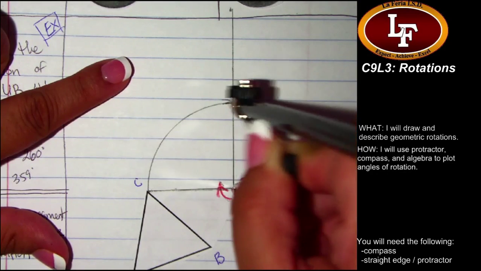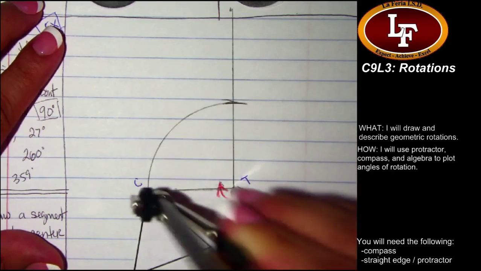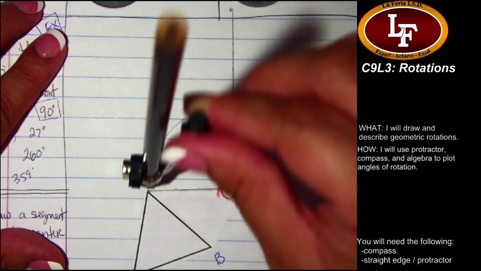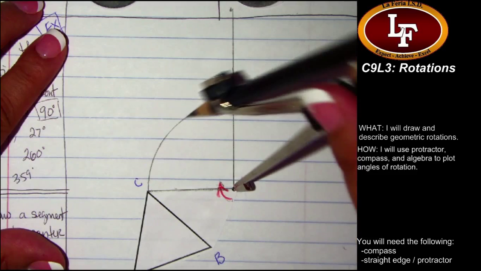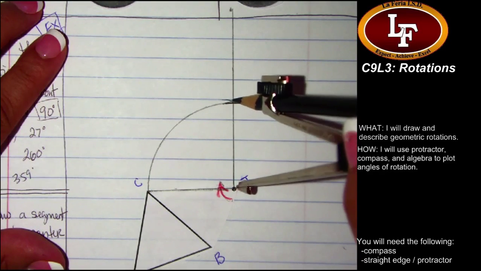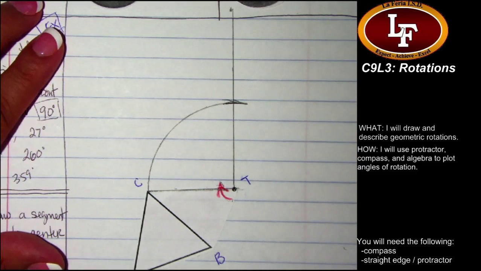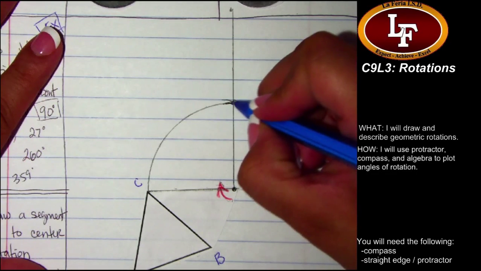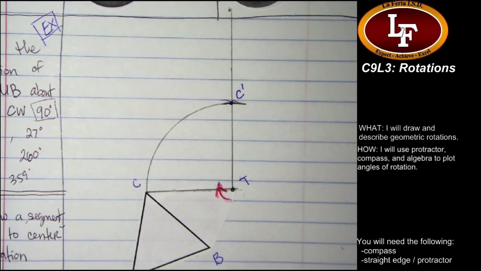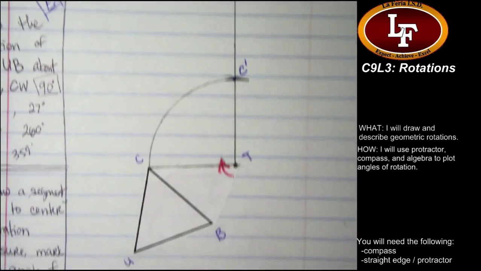The rest of the arc is just there to show you that you could, if you wanted, go from this point and just spin your compass all the way around until you hit that line. Where those two things intersect is the rotation of that point. Repeat those 3 steps for every vertex in your figure.